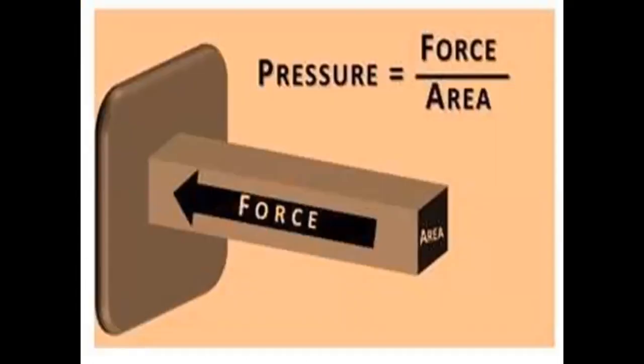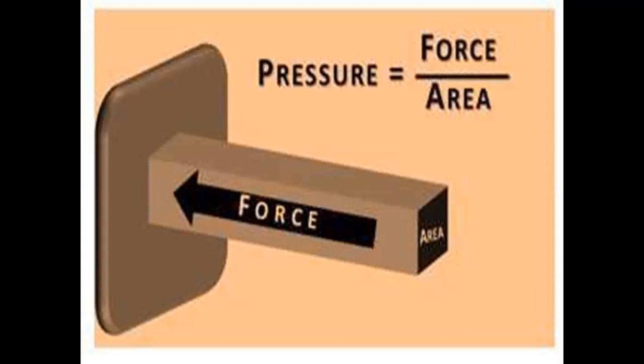Then we come to pressure. Say I give you an example: if I need to put a nail into a wooden plank, I will have to apply some amount of force on the nail so that it goes into the wooden block.